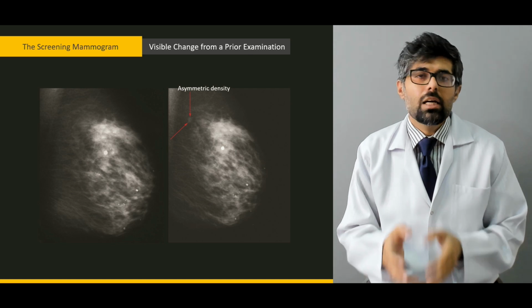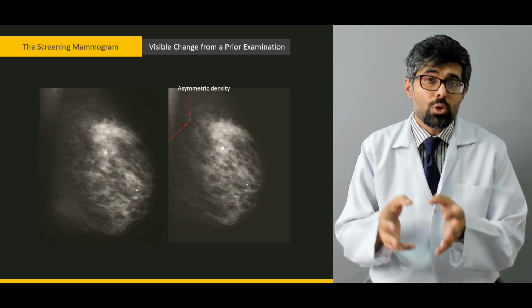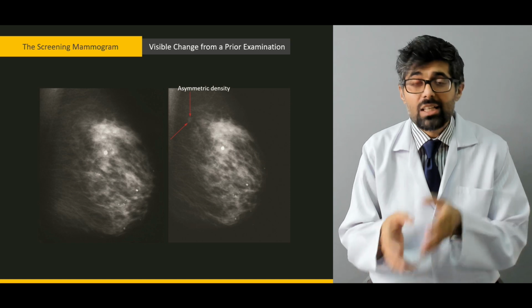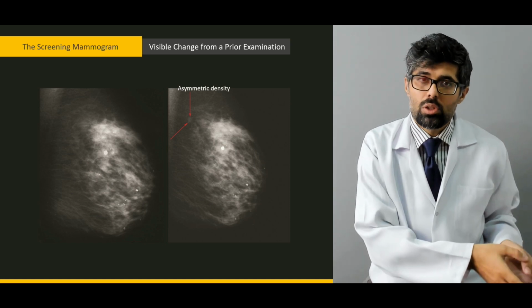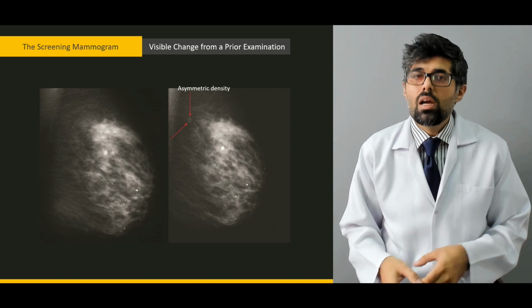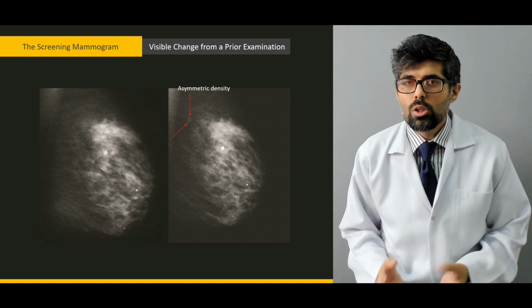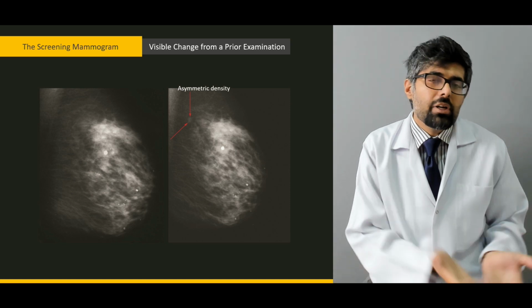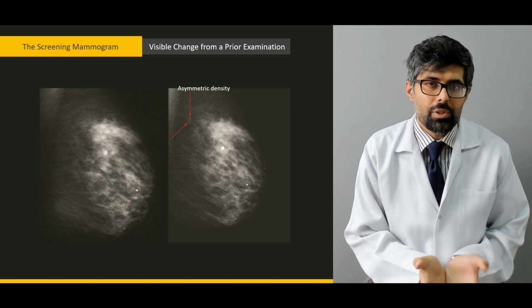That's why it is absolutely necessary to view mammograms in conjunction with the previous ones, because new densities are light and they're not easily found. So a comparison with the previous one should always be done.